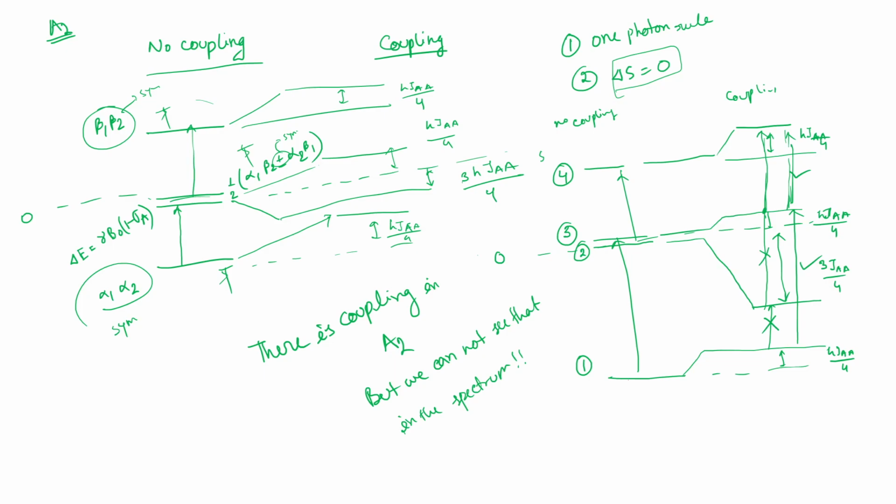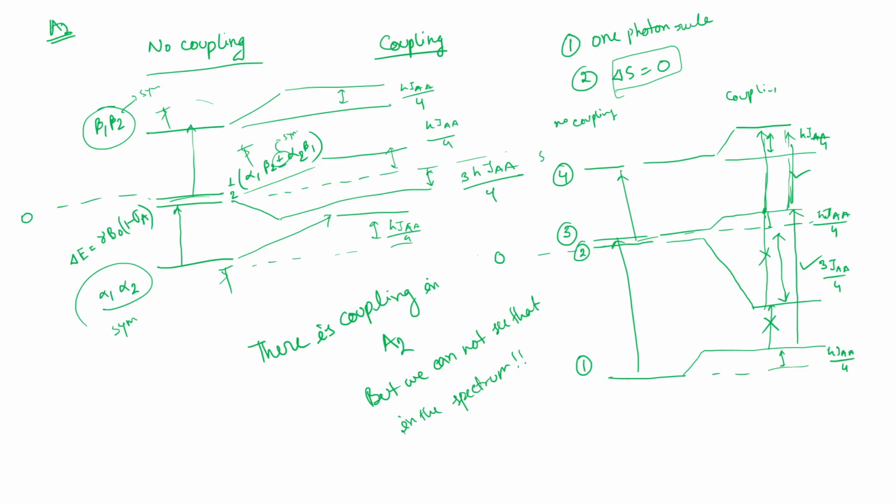Now you can see that your first and fourth ones are symmetric spin, in triplet states, and your third one is also a triplet. But your second one, alpha 1 beta 2 minus alpha 2 beta 1, is an antisymmetric spin, so that belongs to a singlet state. So you cannot involve the second state in any transition.